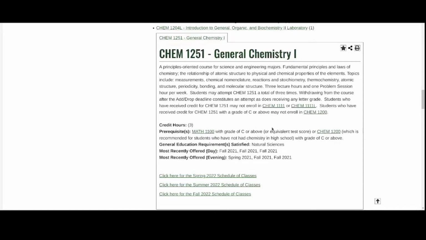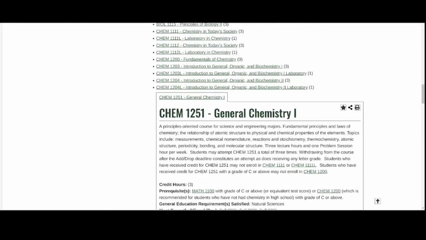So if I have a math placement level that puts me above Math 1100, I could enroll in this course. Or if I do not have the appropriate math placement level, I can take Chem 1200 instead, which is fundamentals in chemistry, and that does not have an associated lab, so I could take that for my non-lab science.